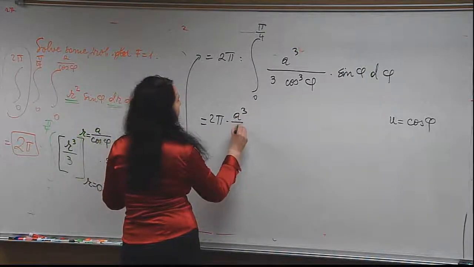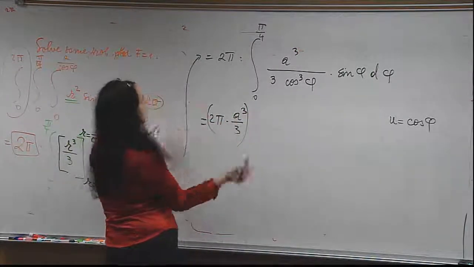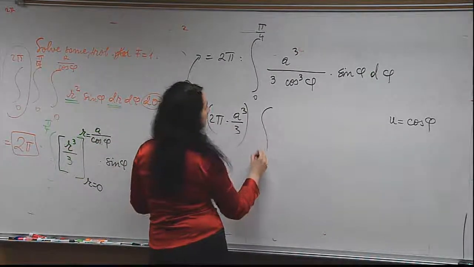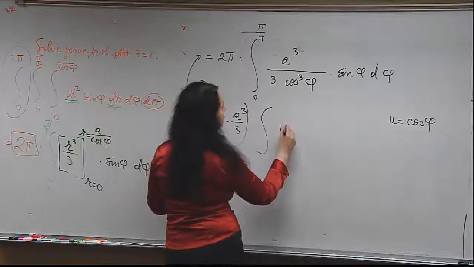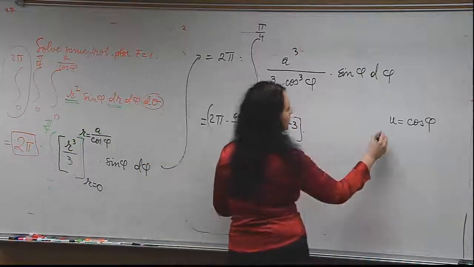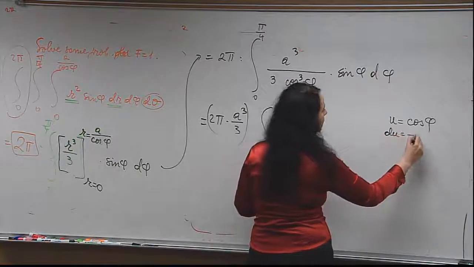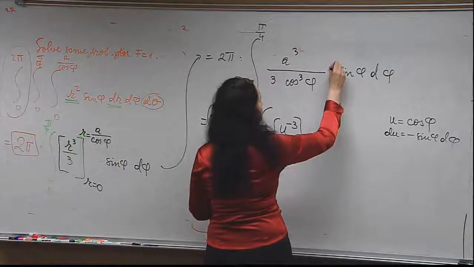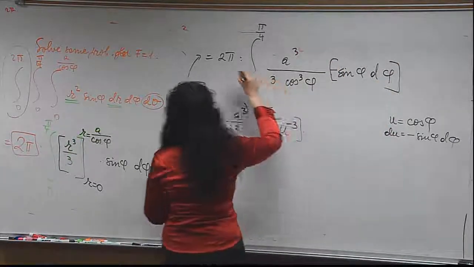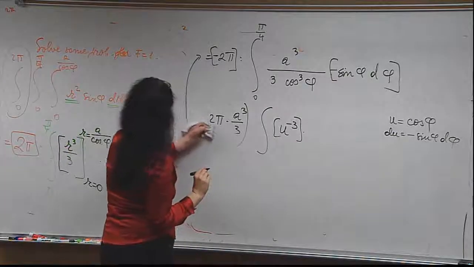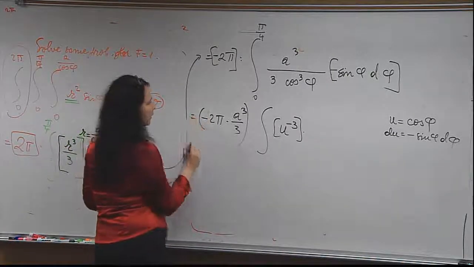So I have 2 pi with secant, a cubed over 3, out as constant because they are in my way, they are making my life miserable. Integral, and then I have u to the minus 3 times du. I have to invent a minus here, and a minus in front as well, so they will compensate for one another.